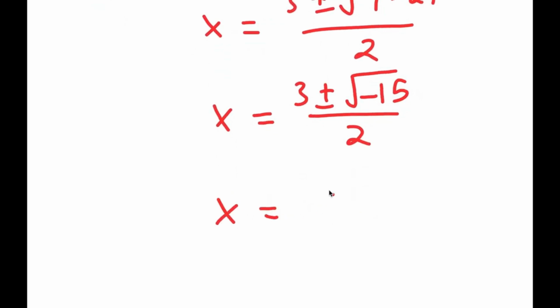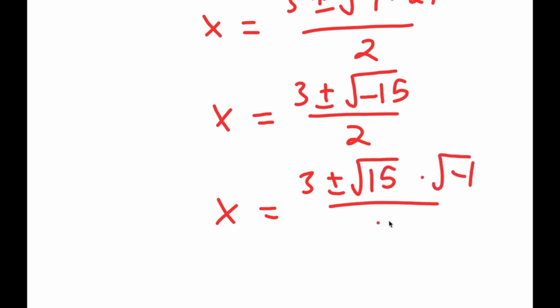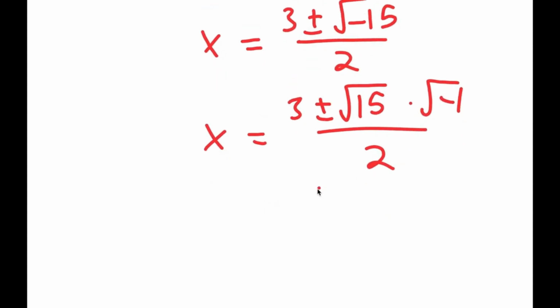And the square root of negative 15 is the same thing as the square root of 15 times the square root of negative 1. And if you guys already know, the square root of negative 1 is equal to the imaginary number i. So I get x is equal to 3 plus or minus the square root of 15 i over 2.